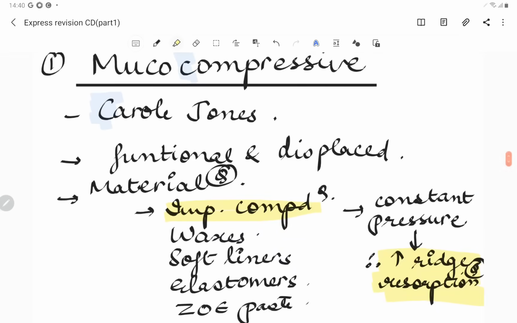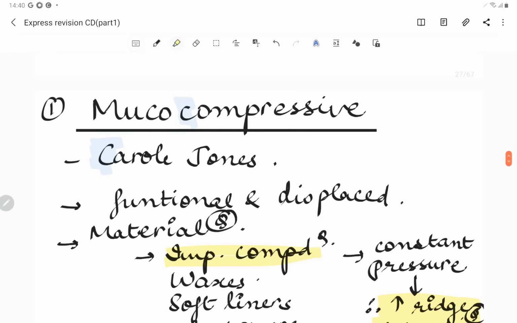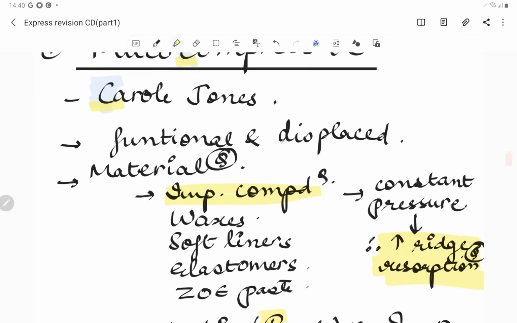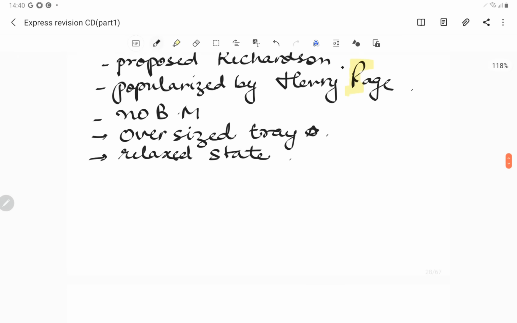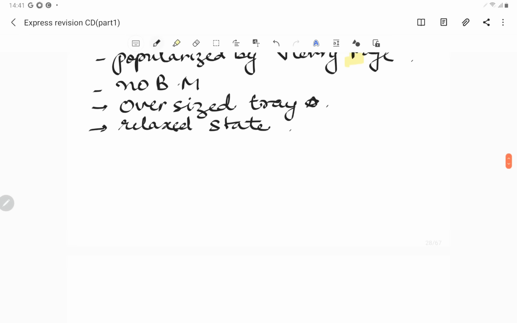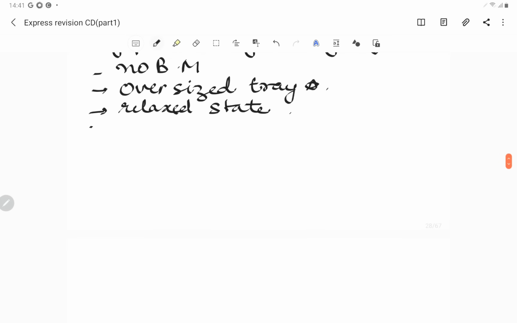So there is going to be increase in the ridge resorption in case of mucocompressive. Talking about mucostatic, since there is no pressure, we are taking the impression in the relaxed state, and because of that there is going to be a poor peripheral seal.